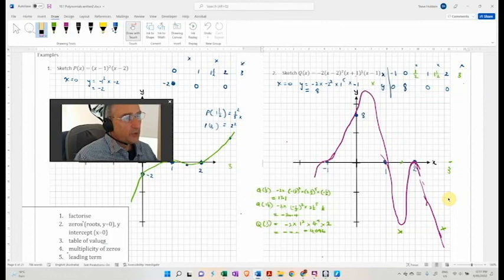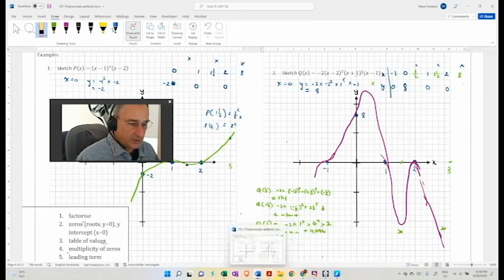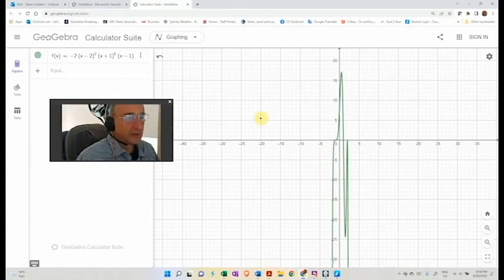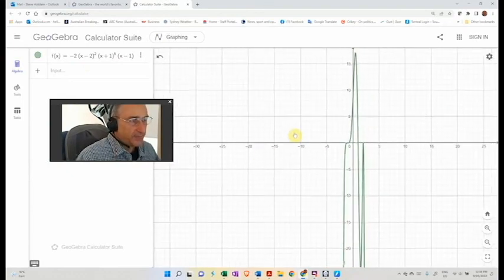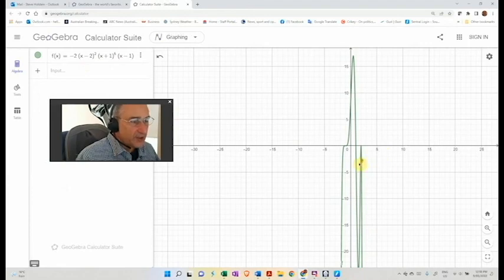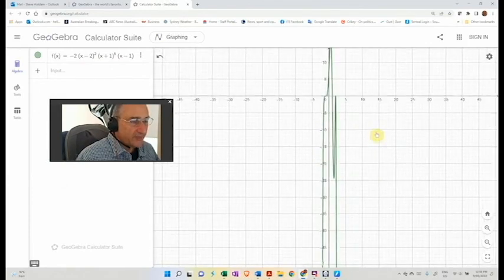Let's have a look at GeoGebra, where I've typed it in: minus 2x minus 2 squared, x plus 1 to the fifth, x minus 1. It's a lot smoother, and a slightly different scale, but still very much the same features.